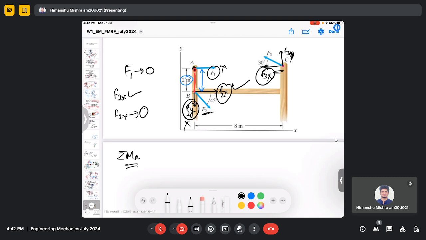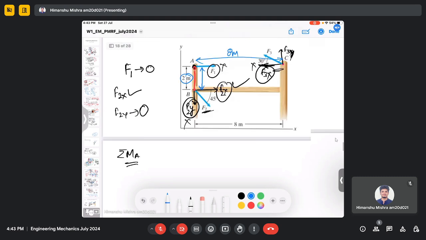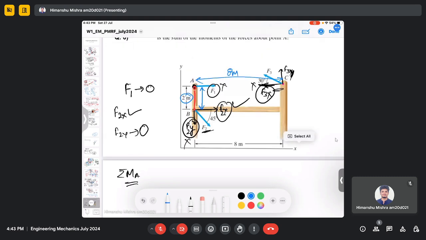Again, you can see no contribution from F3x because there is no perpendicular distance, but there is a perpendicular distance from F3y to point A, which is 8 meters. So the only forces contributing to the moment are F3y and F2x, and all the rest have zero contribution. Now you need to figure out the direction of the moment.